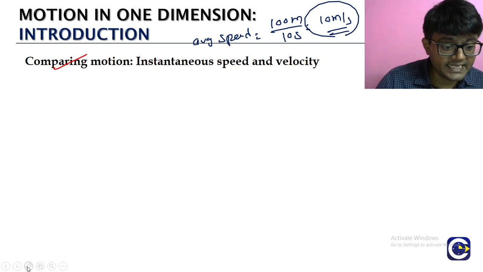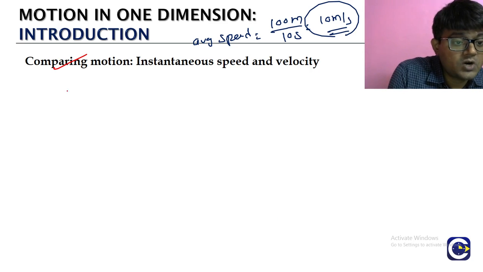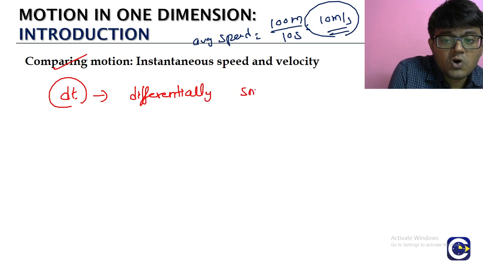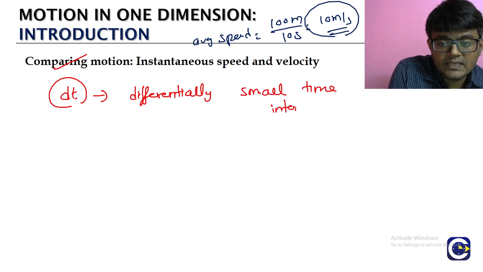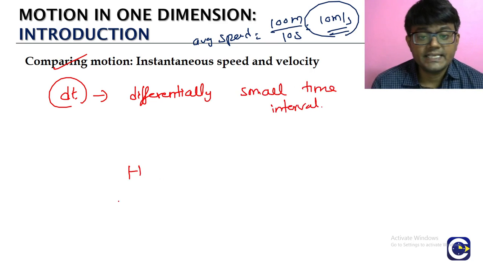We will represent it as dt. What is this dt representing? Differentially small time interval. In that very small time interval, we can't even measure how small it is.